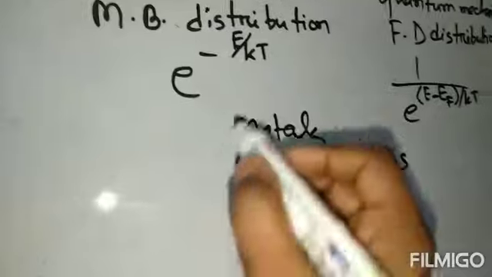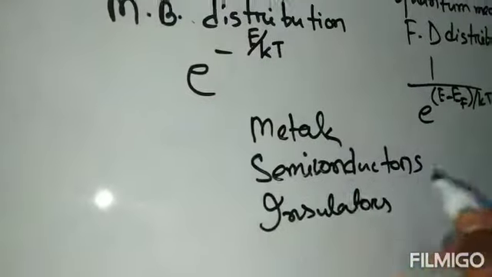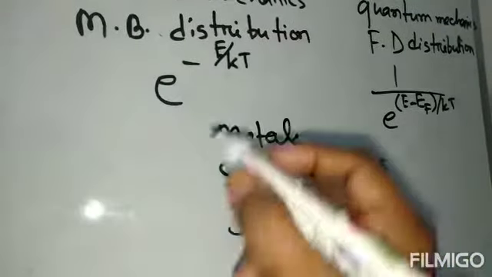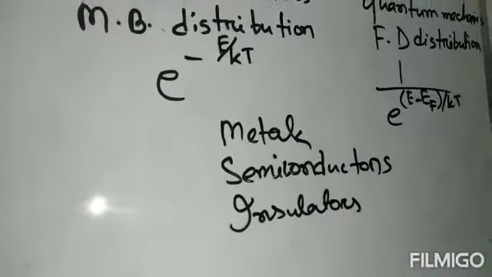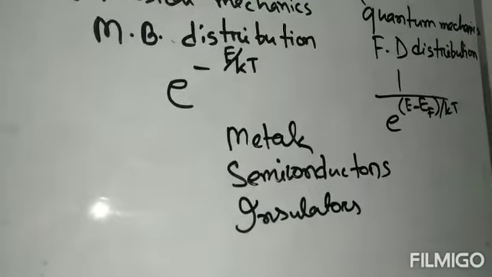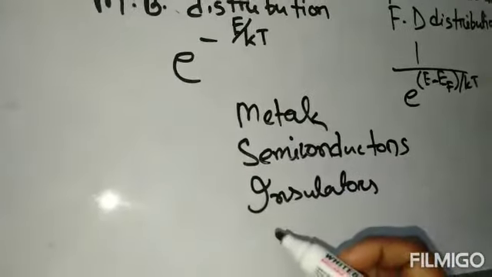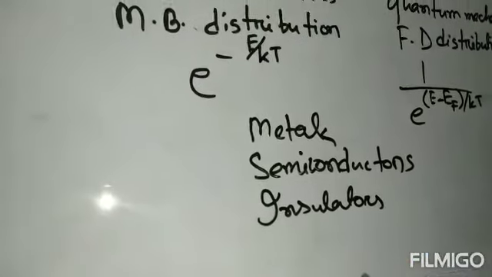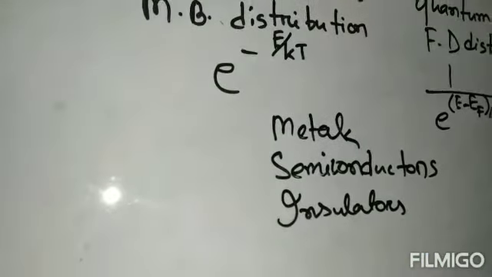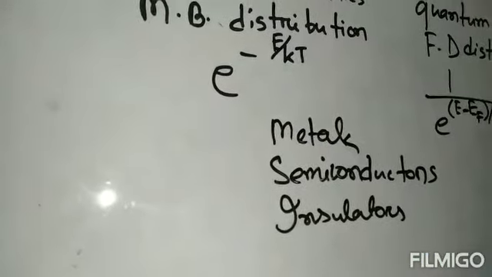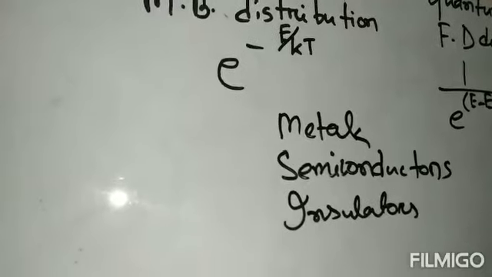In metals, free electrons can pass easily, but in semiconductors, electrons cannot pass easily. We have to apply temperature.